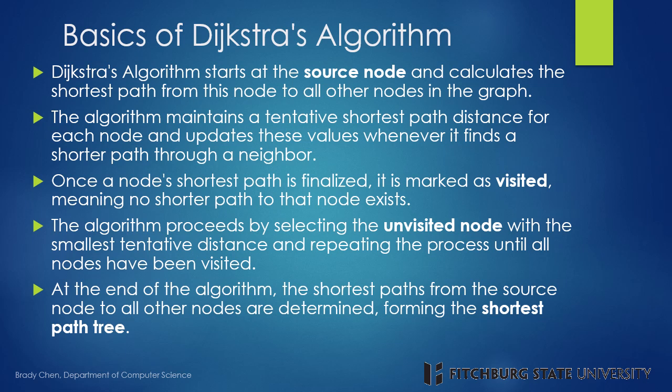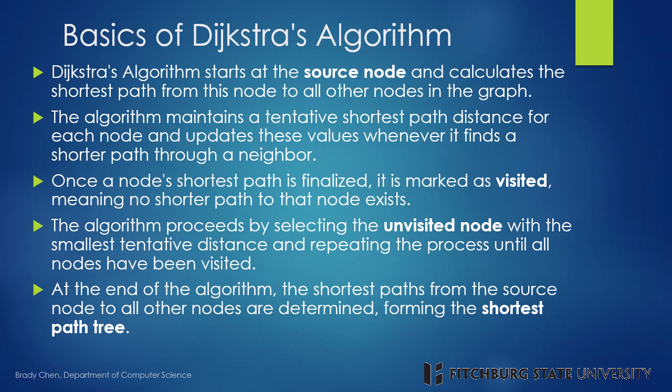So, the basics of Dijkstra's algorithm for finding the shortest distance from a source node to all nodes in a graph: the algorithm starts with the source node and calculates the shortest path from it to all other nodes in the graph.